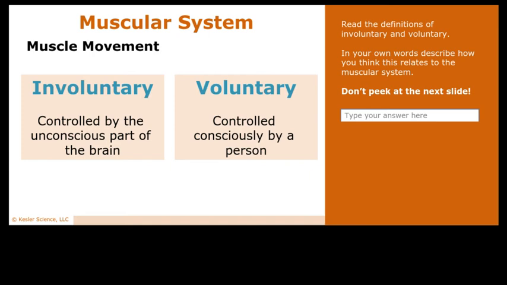Here we can read the definitions of involuntary and voluntary. In your own words, describe how you think this relates to the muscular system. Don't peek at the next slide. Involuntary is controlled by the unconscious part of your brain, meaning you don't have to think about it to do it. If you want to reach over and grab a bottle of water, you have to think, I'm going to grab that bottle of water.